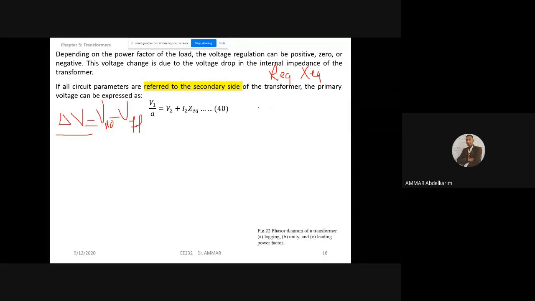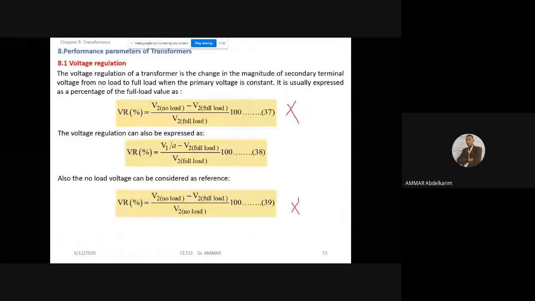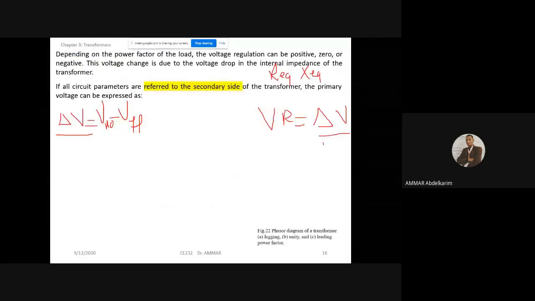And the voltage regulation VR equals delta V over the full load voltage. So the voltage V1 over a equals V2 plus I2 Z equivalent.